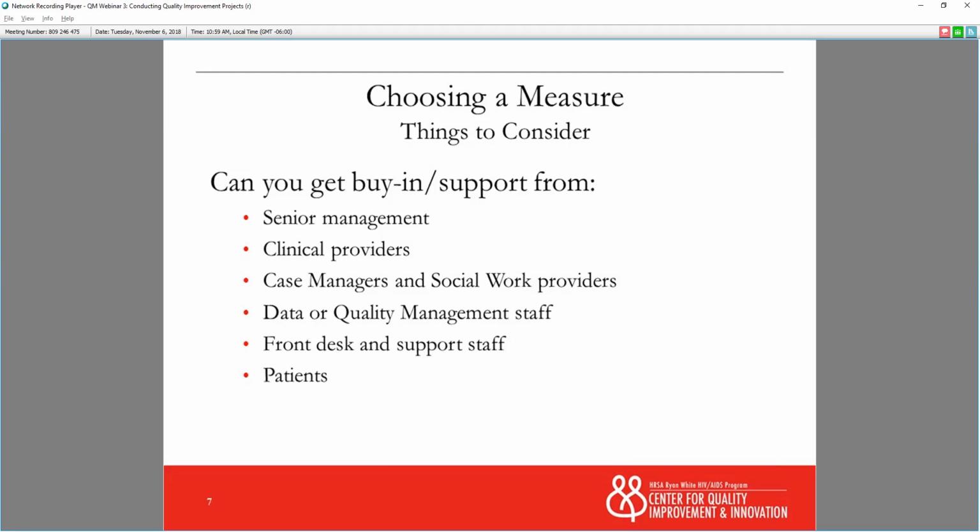I mean, when you think about it, if you're funding a food bank, viral load suppression, although important for everyone that we treat, it's going to be really hard for that food bank to collect. But there are other things that they can collect that will help them understand where their patients are and help them understand how their services are going and help them understand how to improve.